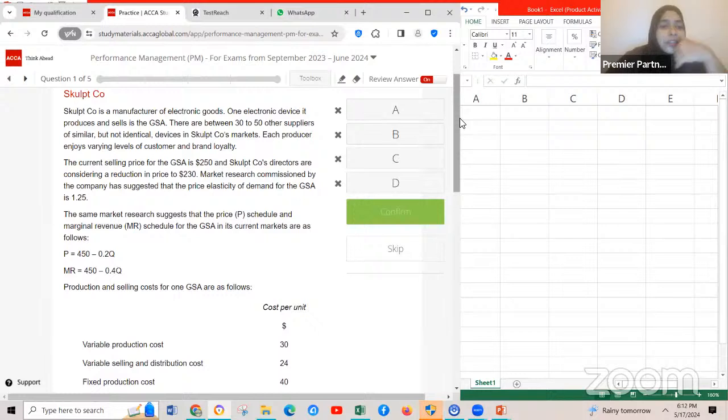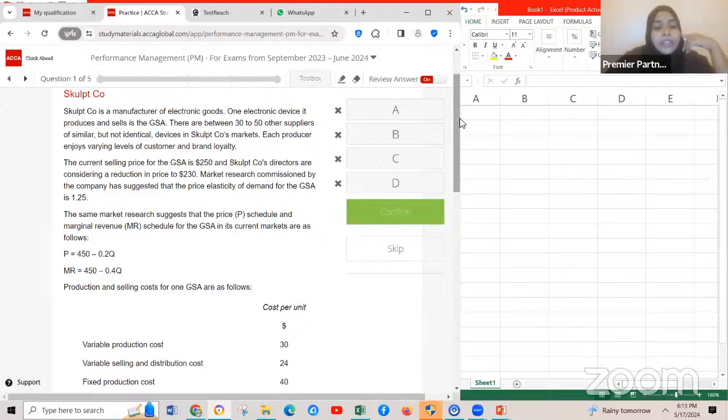There are between 30 to 50 other suppliers of similar but not identical devices in Sculptco's markets. Each producer enjoys varying levels of customer and brand loyalty. The current selling price for the GSA is 250 and Sculptco's directors are considering a reduction in price to 230. The market research commissioned by the company has suggested that the price elasticity of demand is 1.25.